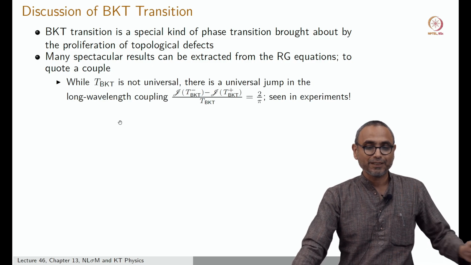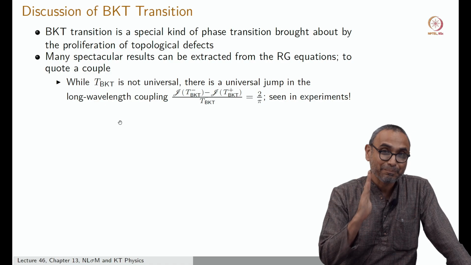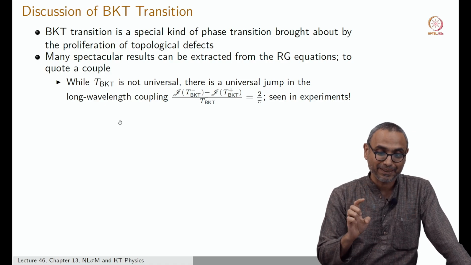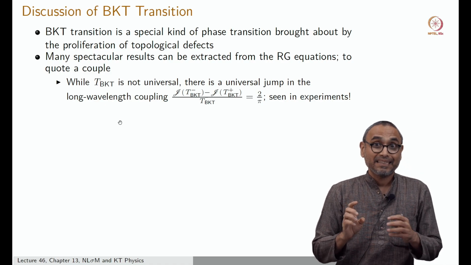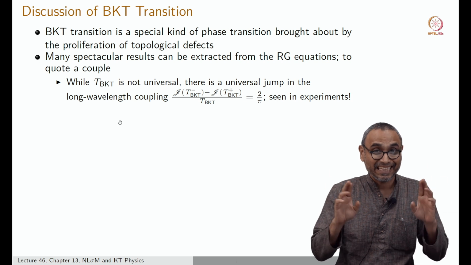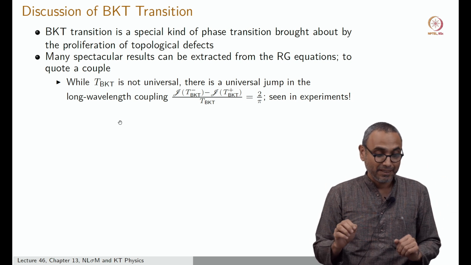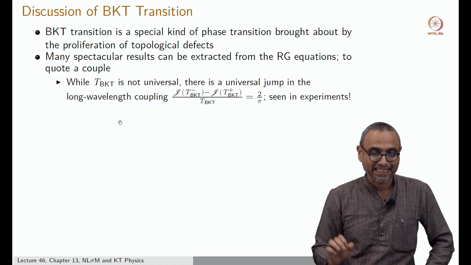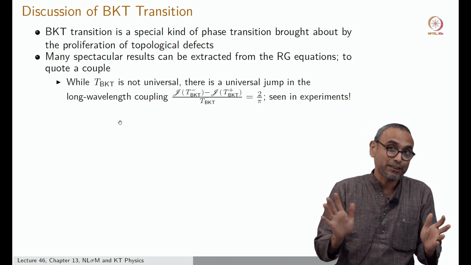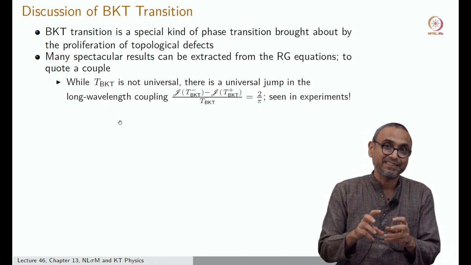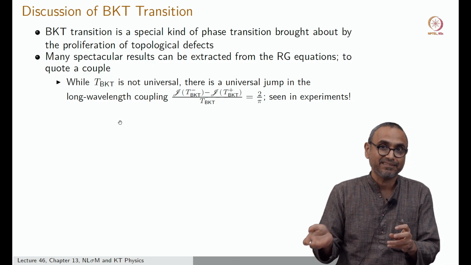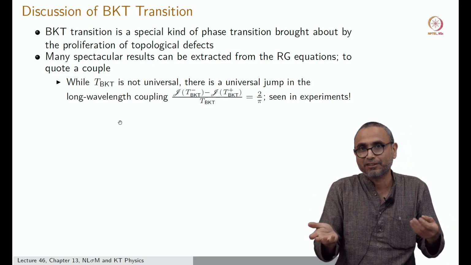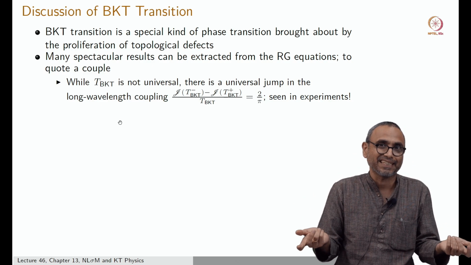But the important point you will find is, at the BKT transition temperature, there is a jump in the effective stiffness. So what do we mean by this? We have to understand this carefully. T_BKT itself is not a universal number. BKT transition temperature is determined by J. J can be anything, right? You can make up systems with different J's.